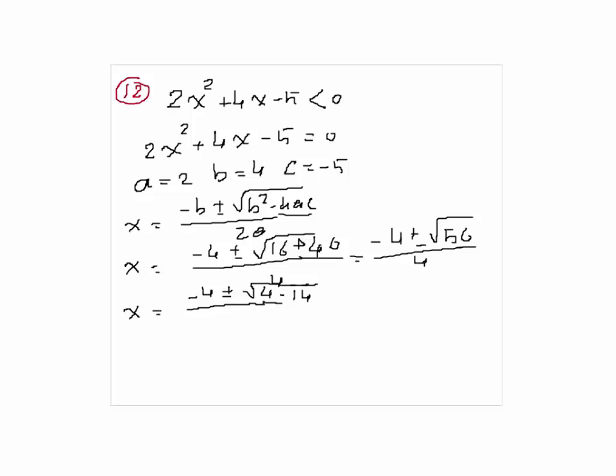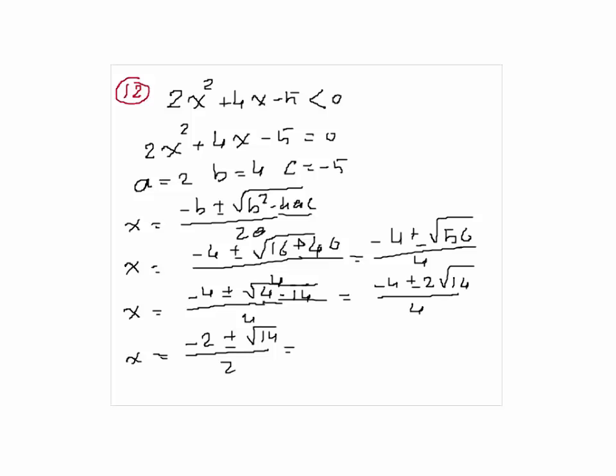As you see, 4 has a square root, so I am able to take 4 out of the radical. So I have negative 4, plus or minus 2 square root of 14, over 4. And if you see, 4, 2, and 4 are all even numbers, so I can divide them by 2. The result is negative 2, plus or minus the square root of 14, over 2.